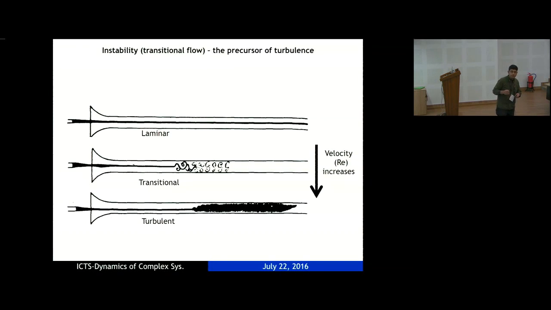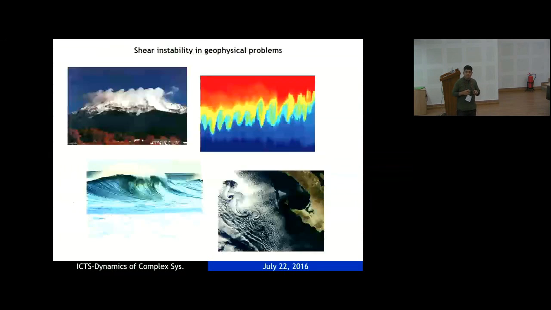And this is the turbulence. But the interesting thing which I'll be talking about today is as you keep on increasing the Reynolds number, you see these kinds of changes. So I'll be talking about the transitional flow or the instability regime, and that corresponds to the instability which I was talking about with the pendulum.